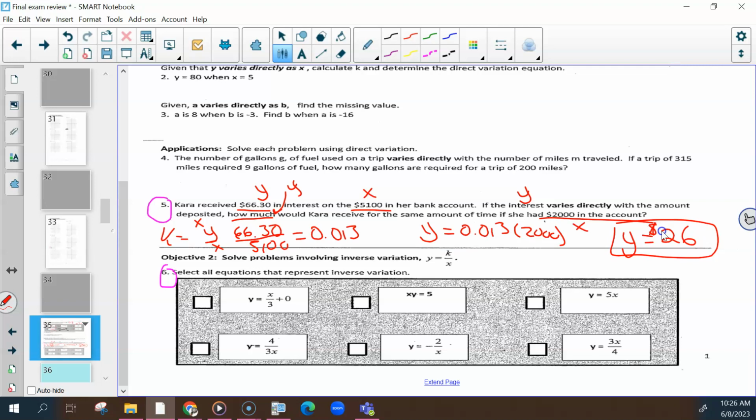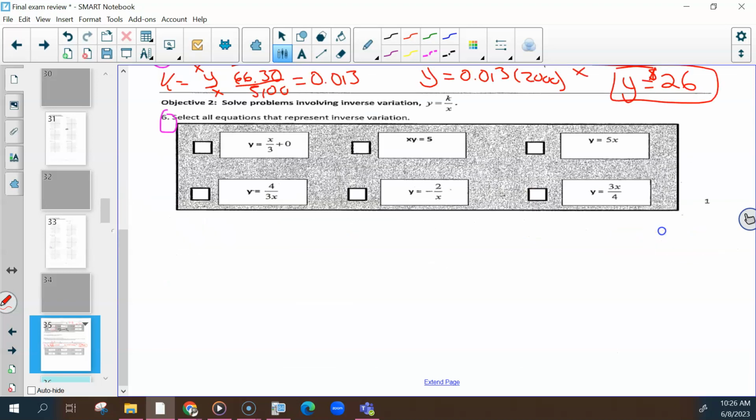The next objective starts on the same page. Questions on 6 before we flip to the next page? This one? Yes.